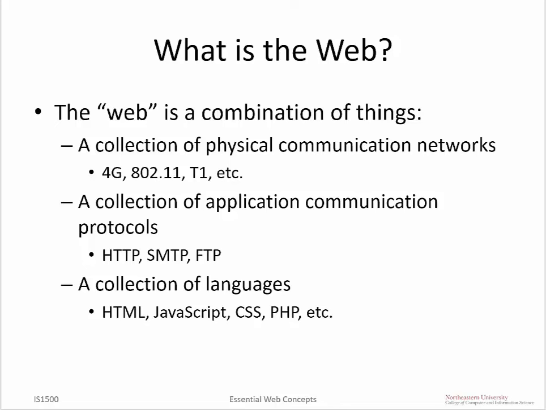Then of course from a development perspective and the actual rendering of web pages, there are a number of different programming languages involved, and that includes languages like HTML for describing the content of a web page, JavaScript for allowing dynamics of that content, CSS for defining the style of the content, PHP for doing server-side interaction with databases and things of that nature, among many other languages.